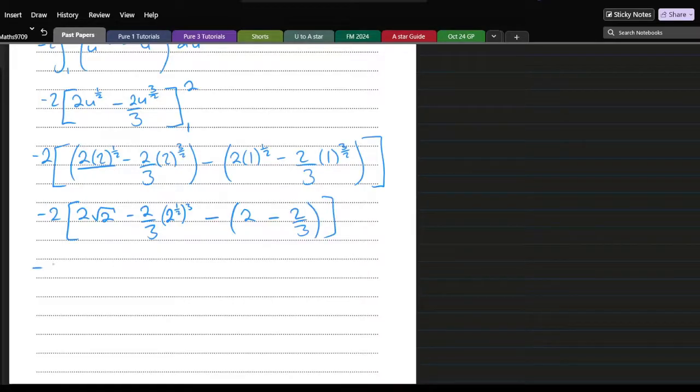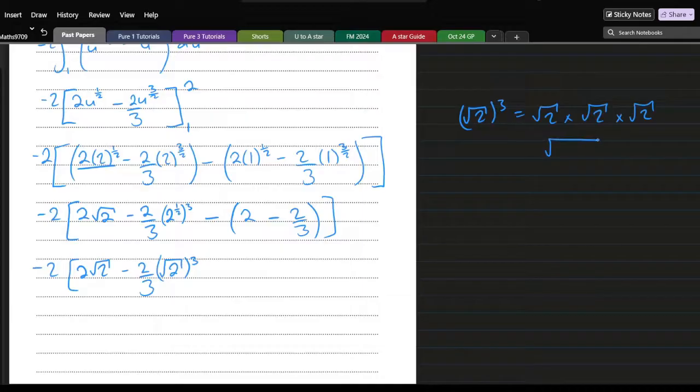So let's continue to simplify. We've got 2 root 2 minus 2/3, that is root 2, and this is cubed. In fact, we can write our root 2 cubed. Root 2 cubed would be the same as root 2 times root 2 times root 2, and this can be written as these 2 times 2, and we'll keep this other root 2 outside.